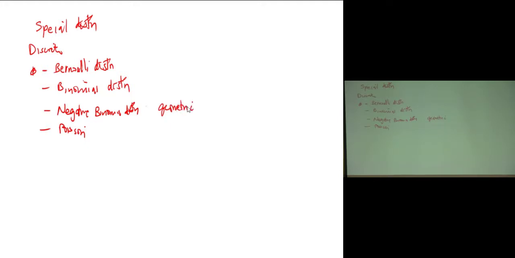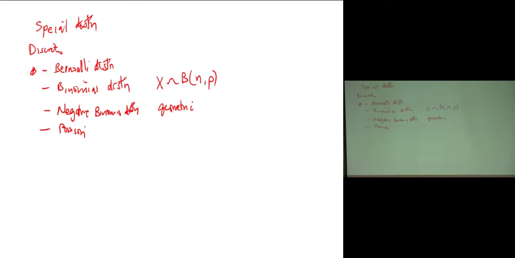Now, what you should know about all this is, first of all, under what problems you can use these distributions to model some problem. For example, the binomial distribution. When we say X follows a binomial distribution with parameters n and p, you have to know what X means. X represents the number of successes in n independent dichotomous trials.